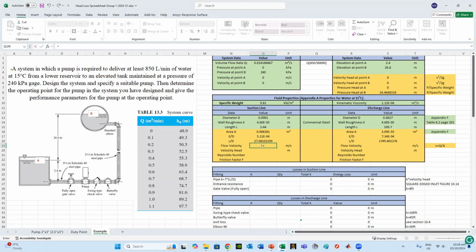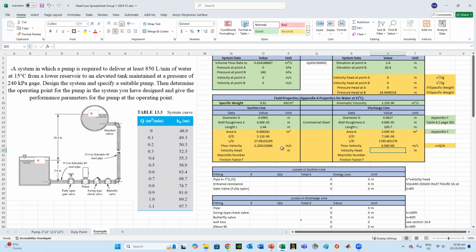So Q, it's one value, which we assumed, or we took from 850, divided by the area for the suction line, and you get about 2.2 velocity value. And we do the same thing here for the discharge line, Q divided by that area for this one.